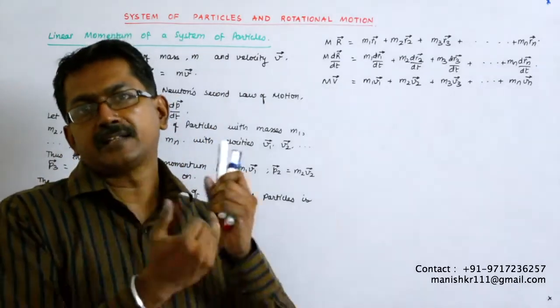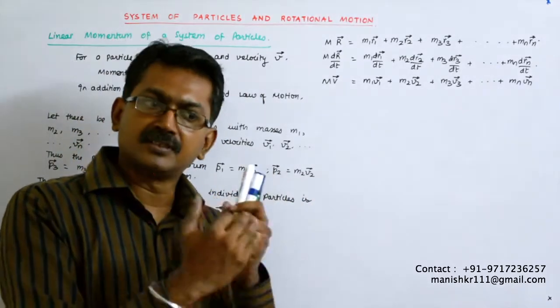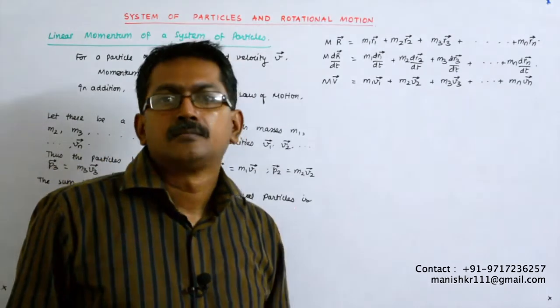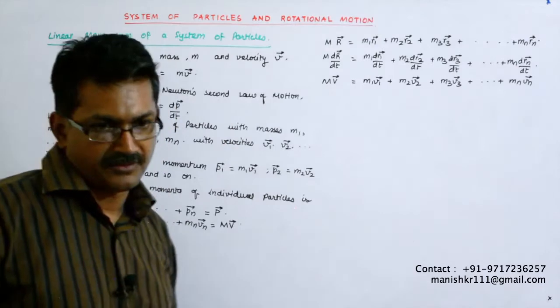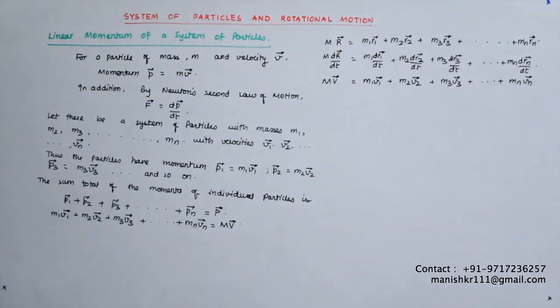So if you have to find the velocity of the center of mass, you first sum the momentum and divide by the total mass, and that's how you will get the velocity of the center of mass, right? Do we get that point? We understand that, okay?